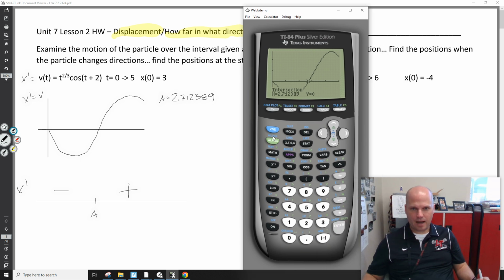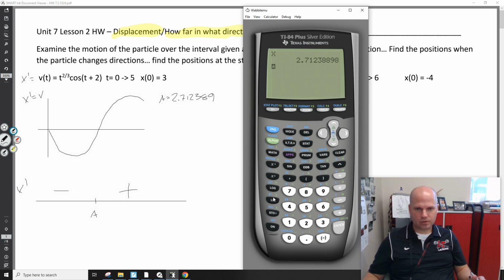And we talked about how, since we're doing this a lot, make sure we're comfortable storing values. X store as A, or you have the value just pulled up, you could just press store and say answer store as A.